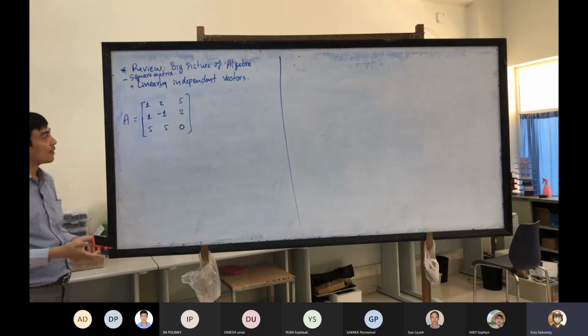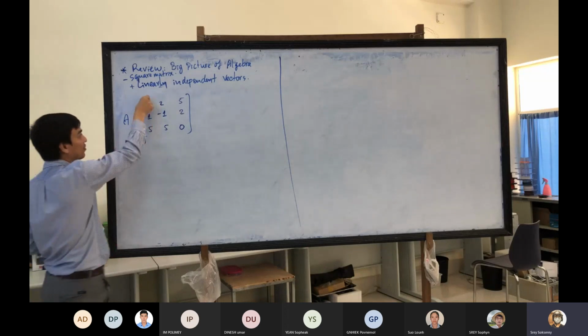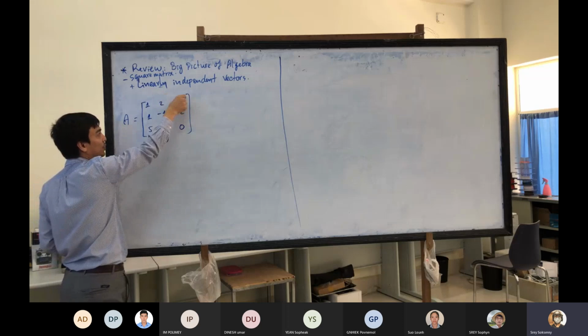Can you make some combination of these vectors, and then you get this vector?